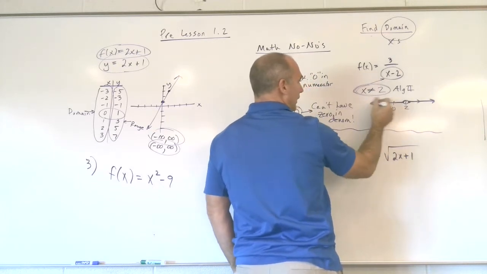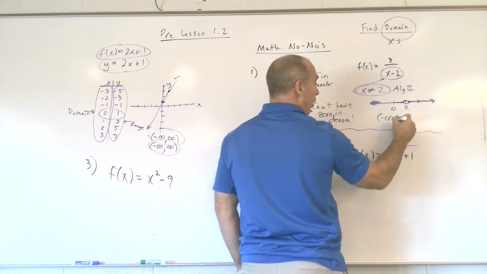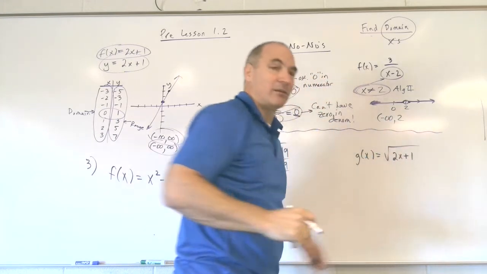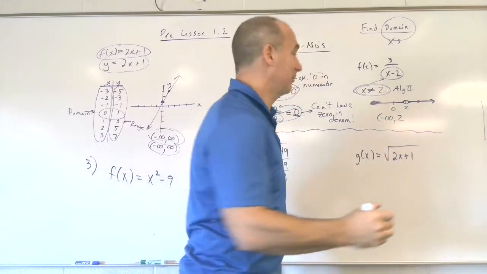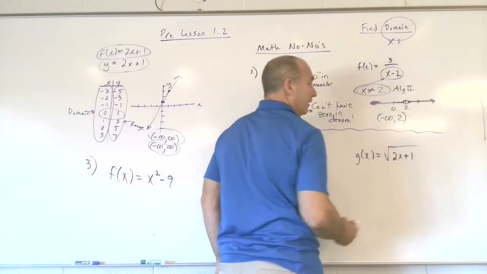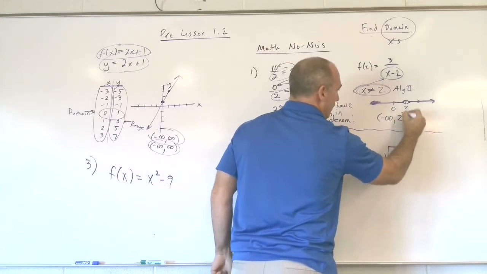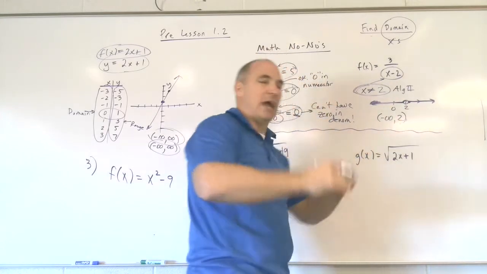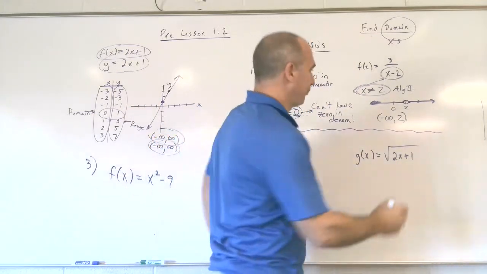It's going to go to the left of 2, all the way to negative infinity, all the way up to 2, but wait, does it grab 2? No. 2 is mathematically impossible, so we put parentheses around it. If I put a bracket right there, I'd be saying x can be 2 also. No, x can't be 2.